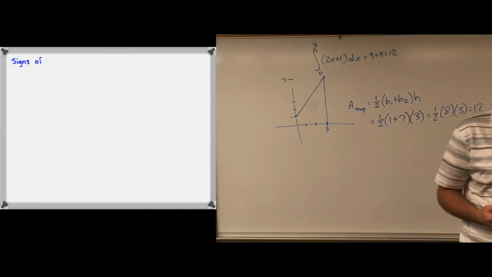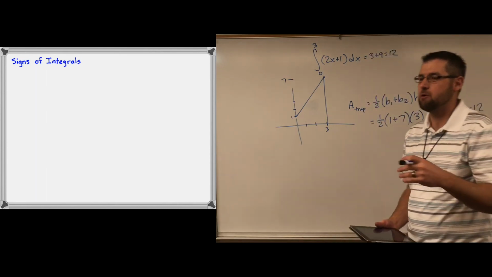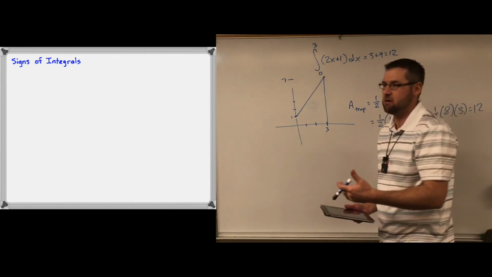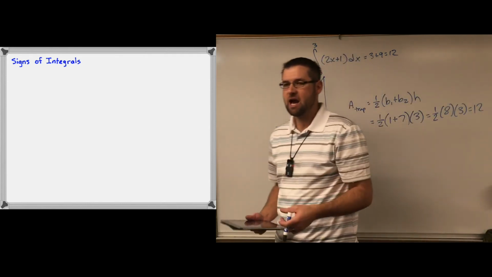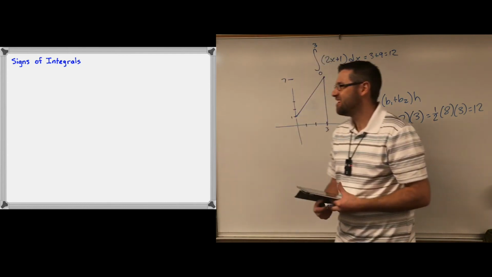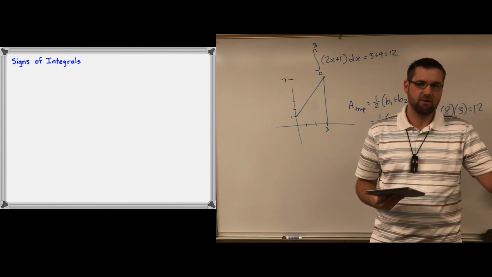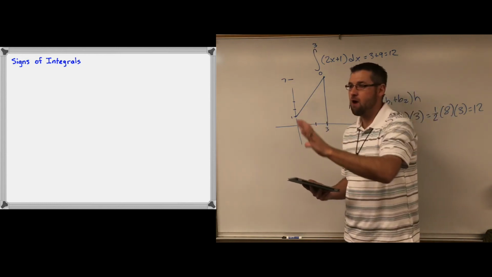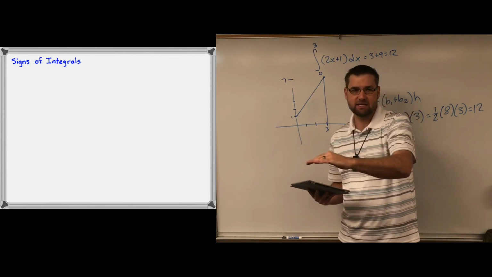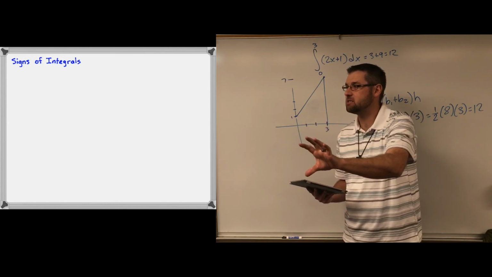All right. The signs of the integral, it's pretty basic, but remember in geometry, what could you say the answer to the area will always be? Positive. When you get to calculus, it's not. Now, wait, let me rephrase that. Area is always positive. But on an integral, on a graph, when the region is below the x-axis, then the integral's answer is negative.